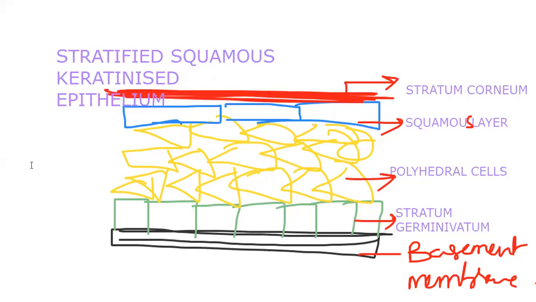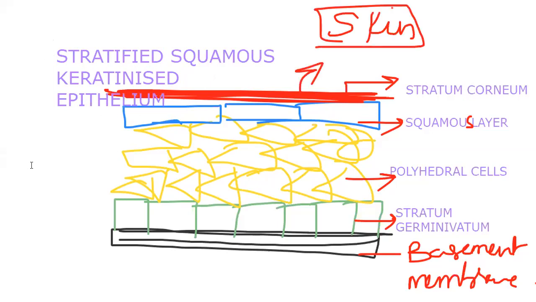Just imagine the same in your body: this is your skin. That means the upper layer of cells is always going to be shed off, and a new layer is going to form again and again. They come up and become squamous, then keratinized. And imagine this is your nails. The total nail is keratinized. This is your nail.